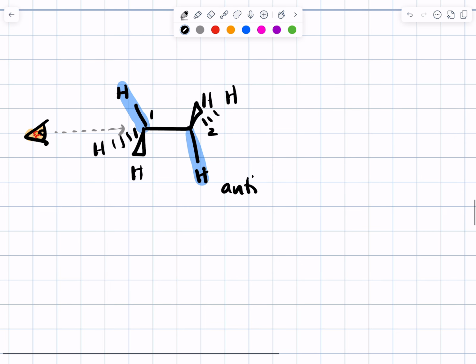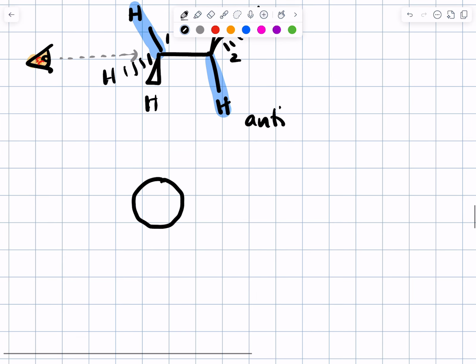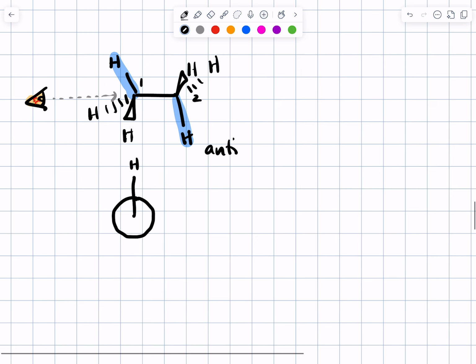Yeah. Anyway, if we look down that bond, to draw the Newman projection, we'll use a circle, and the circle represents the bond sort of as a cylinder between the two carbons. In the front is carbon 1, and in the back is carbon 2. From our perspective, looking down this bond, the hydrogen in the front that's highlighted in blue is going straight up.